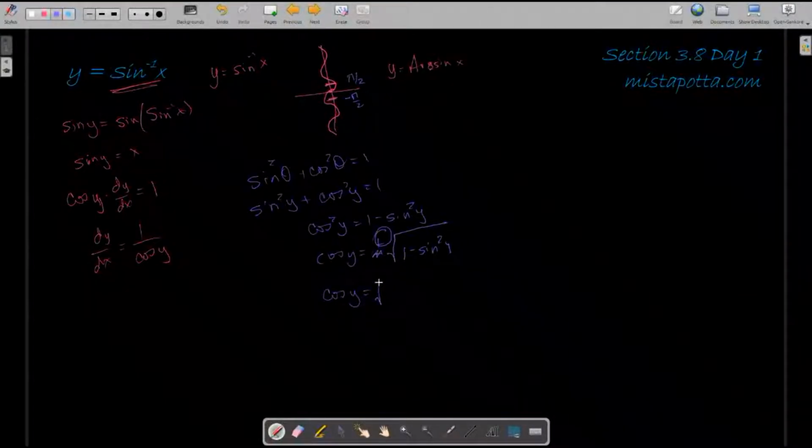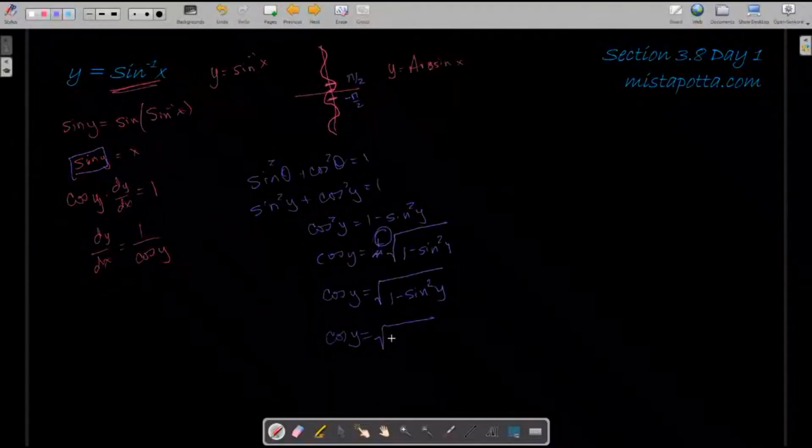So for our purposes, I can say that the cosine of y is really the positive square root of 1 minus sine squared y. And of course, what was sine of y equal to? It was equal to x. So cosine of y is the principal root of 1 minus x squared.